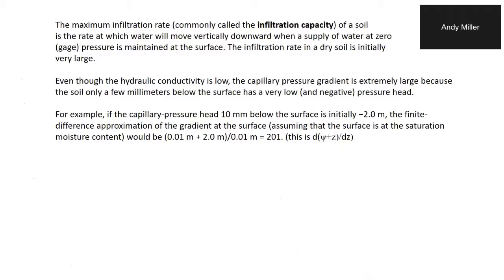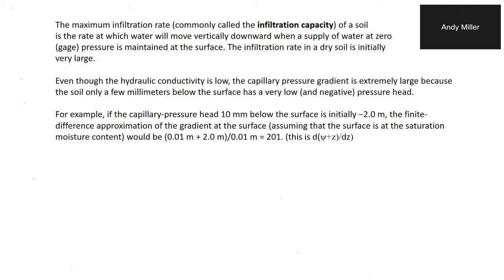In your numerator, going from the surface down, you're at 10 millimeters, 0.01 meters at the surface, and down below, you're at 0 compared to that. And then I'm at 0 pressure and I'm subtracting -2, those two sum up to 2.01 meters. So the difference in head is 2.01 meters.